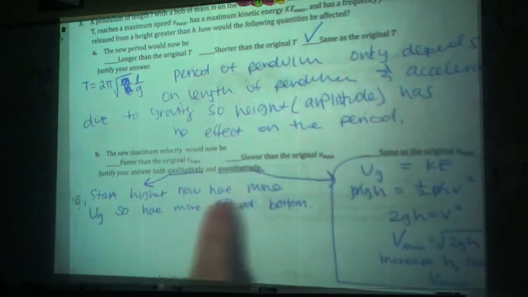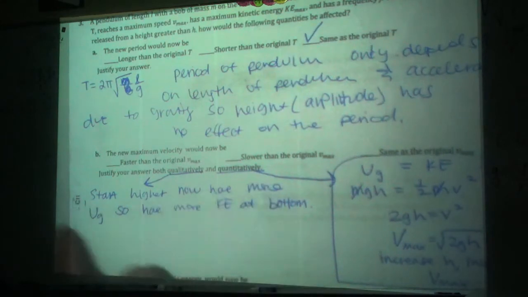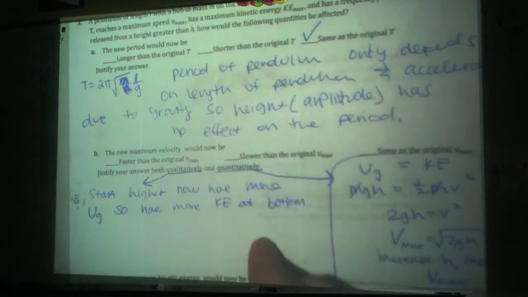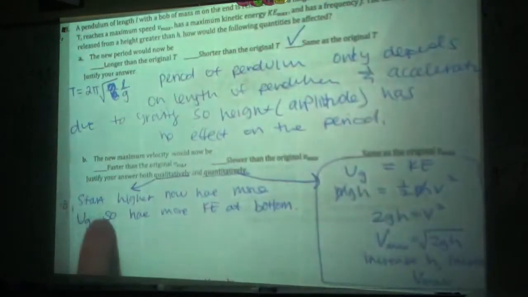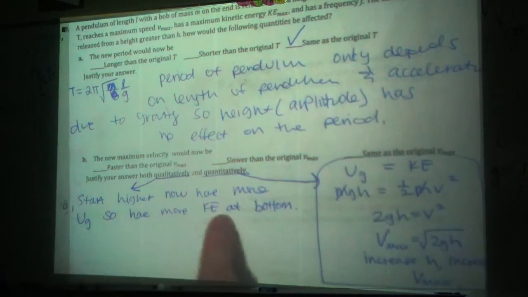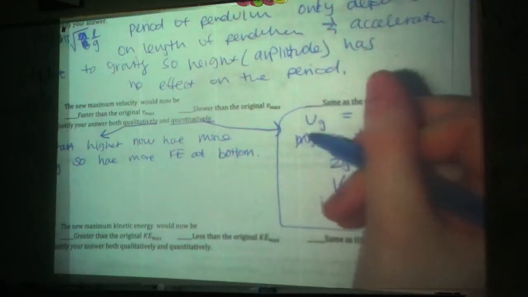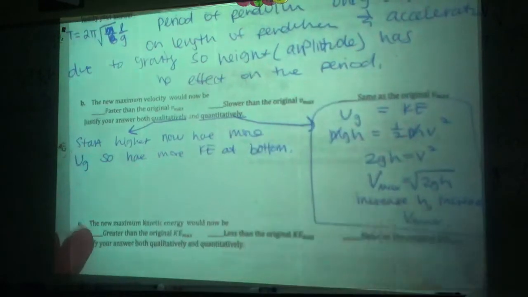Careful here, because what a lot of you are going to want to say is, oh, if you have more kinetic energy, it goes faster, which isn't necessarily true. If I had increased the mass, then I would be increasing the UG and increasing the KE, but not increasing the velocity, because see how the mass is canceled out here. So what I would say is you have more kinetic energy with the same mass, that means a greater velocity.